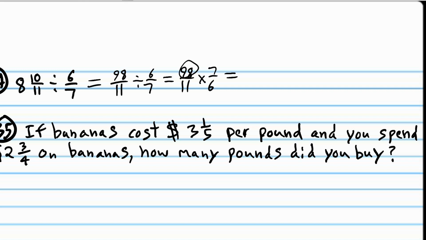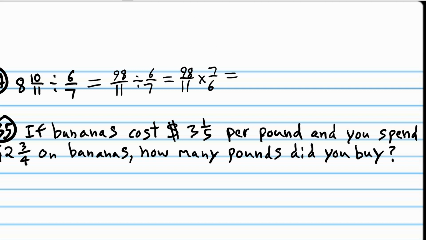Well, these numbers are both even, so I know I can divide them by 2. So let's try to divide 98 by 2. You can do that in your head, or you can do the long division algorithm. 2 goes into 9 4 times. 2 times 4 is 8. 9 minus 8 is 1. Bring down the 8. 2 times 9 is 18. So if you divide 98 by 2, you get 49.